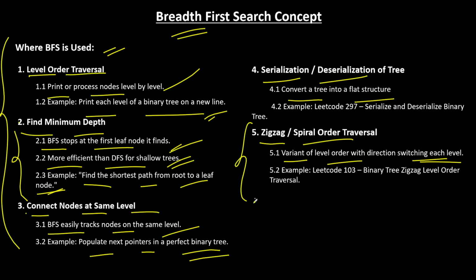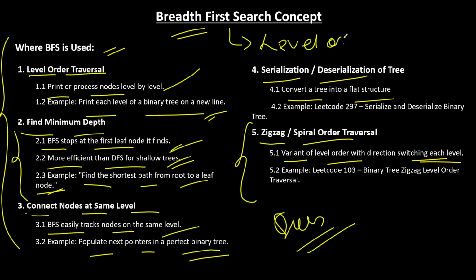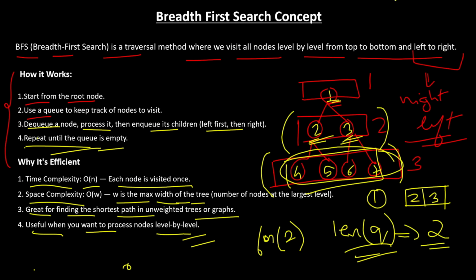So these are the questions, or the concepts, where we use level order traversal or BFS. BFS is also called level order traversal because that makes much more sense to hear, right? That's all. I hope you understood this explanation of BFS and how we iterate it.